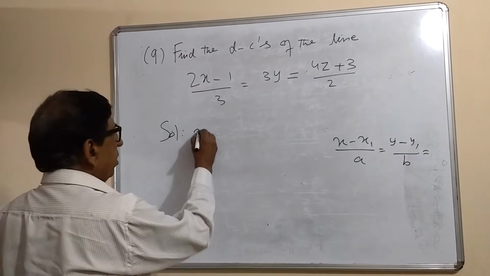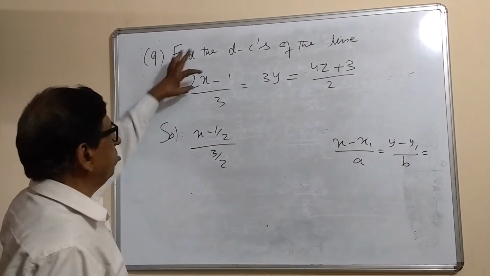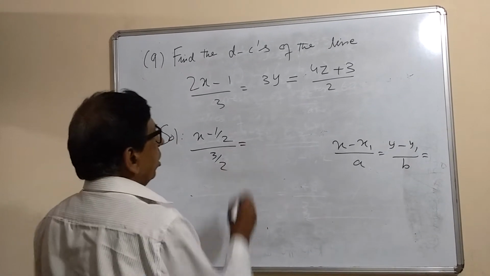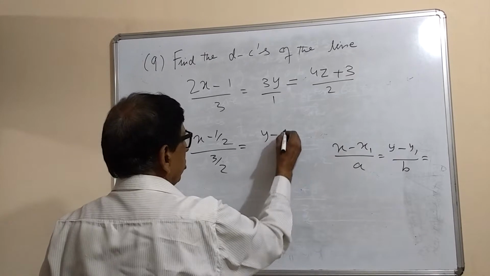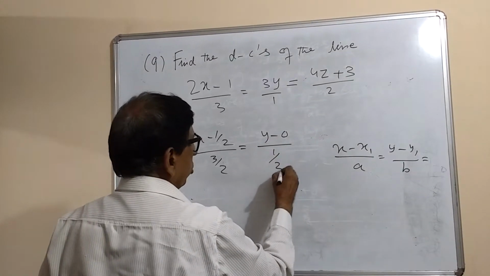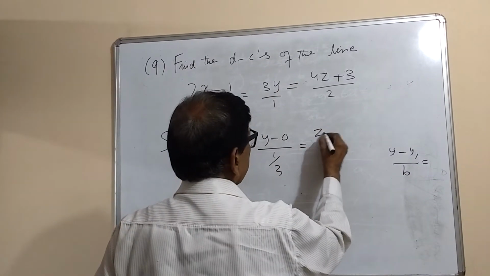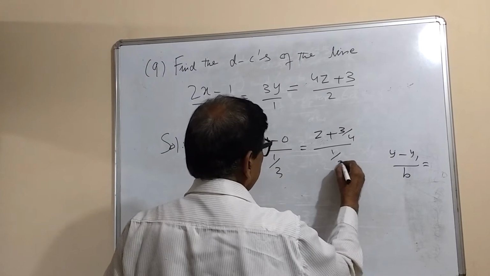So what you get? (x minus half)/(3/2). We divided this by 2 and this by 2. Equal to, divide both by 3, so (y minus 0)/(1/3). Equal to, divide by 4, (z plus 3/4)/(2/4), that is 1/2.